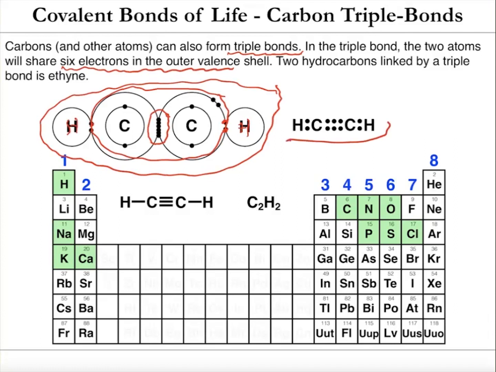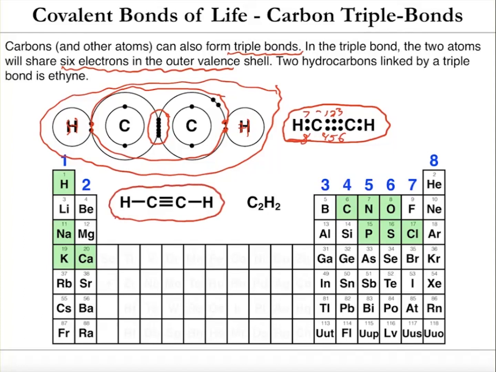So this could be depicted in this way, and you can see how it's fulfilling the octet rule. Even so, for this carbon right here, we have 1, 2, 3, 4, 5, 6, 7, 8 electrons around that carbon. So it would be more often depicted like this.